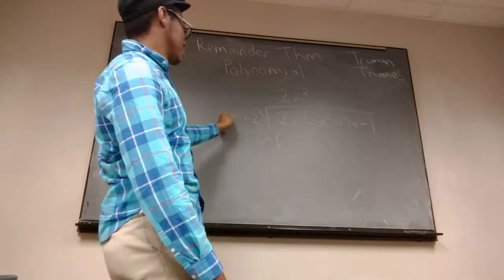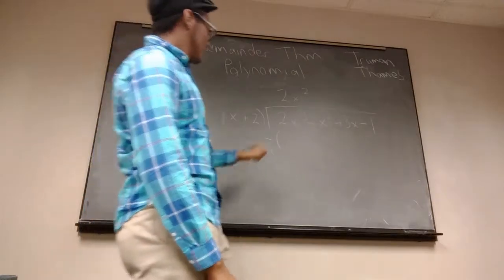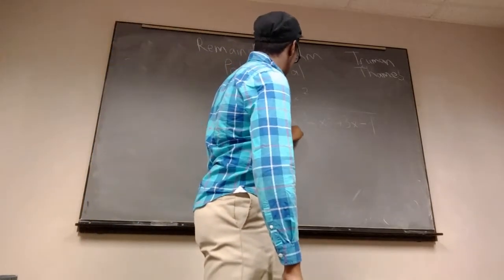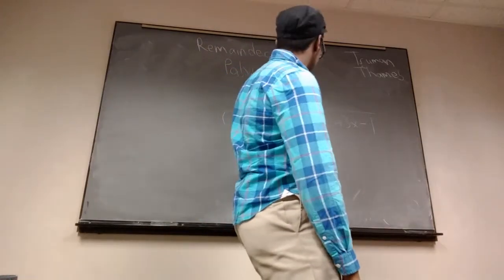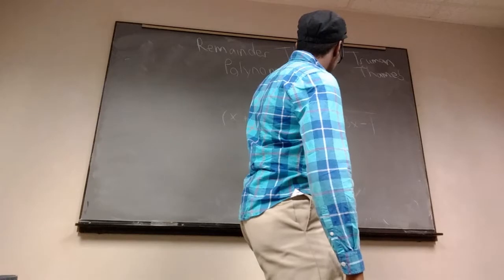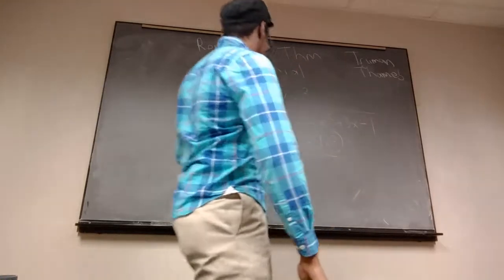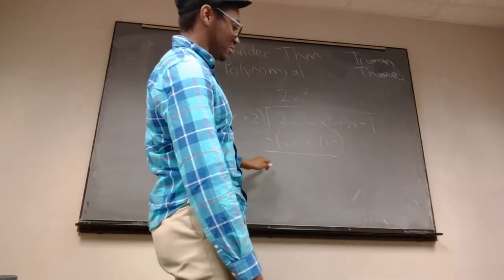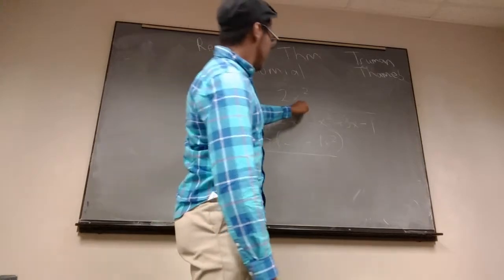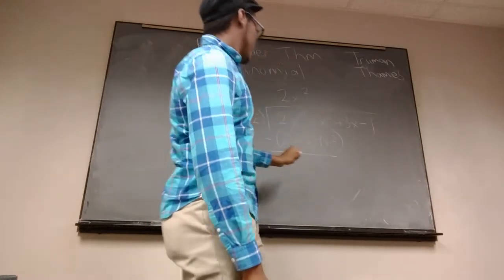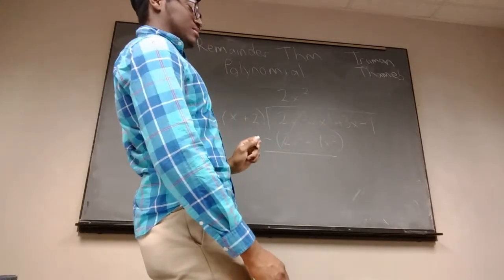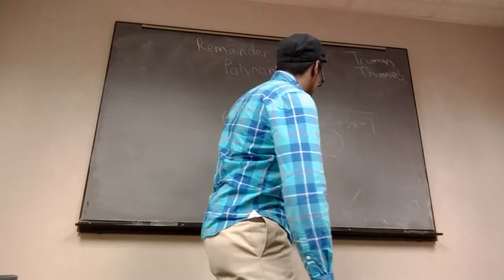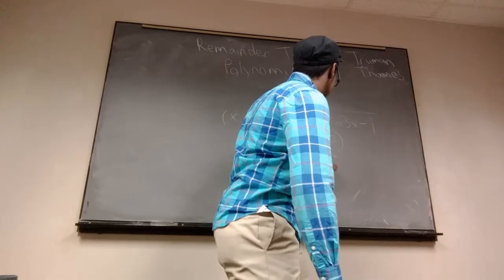So 2x squared times x plus 2. 2x squared times x is 2x cubed, plus 2 times 2x squared, 4x squared. And these cancel out, right? So then minus x squared minus 4x squared. Negative 5x squared.